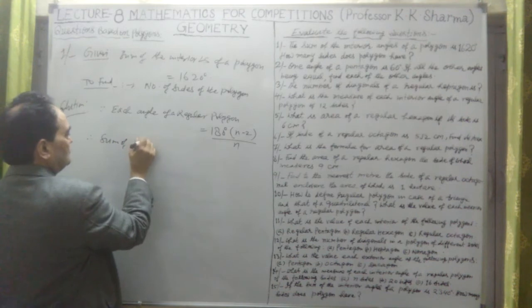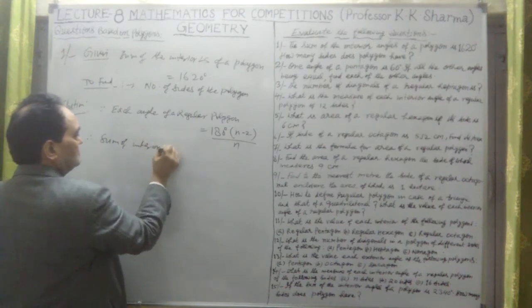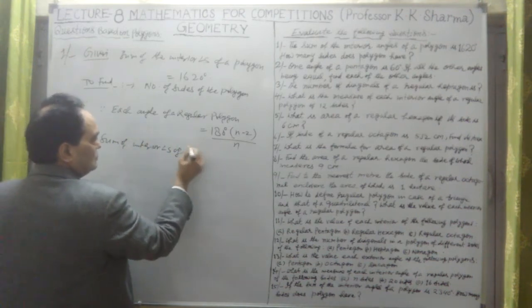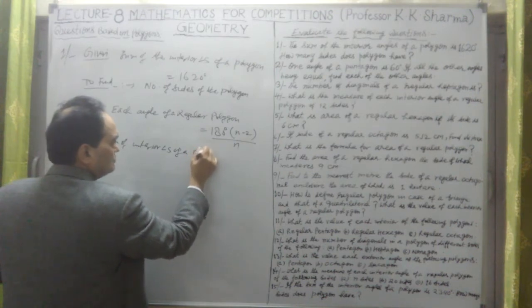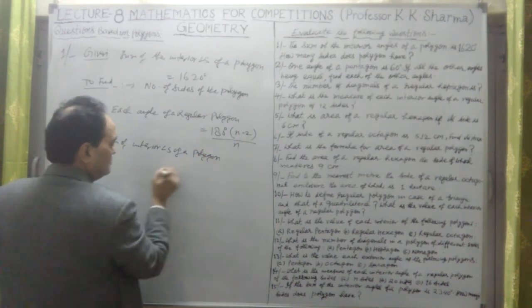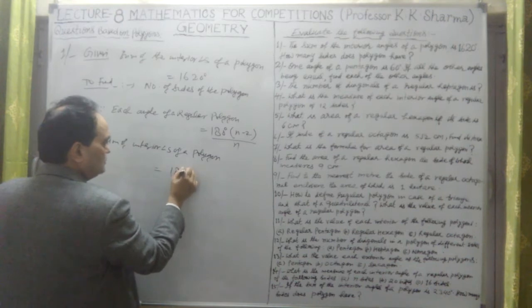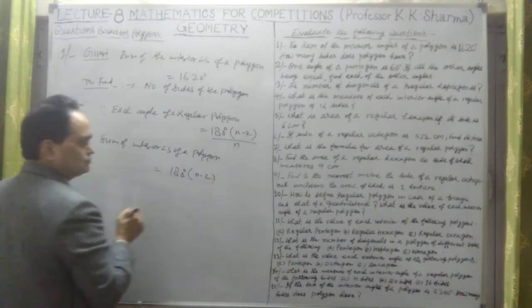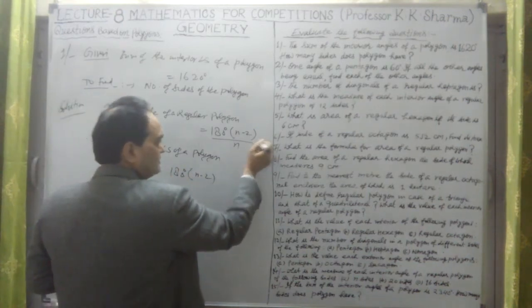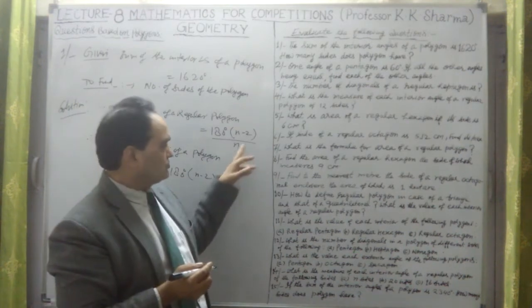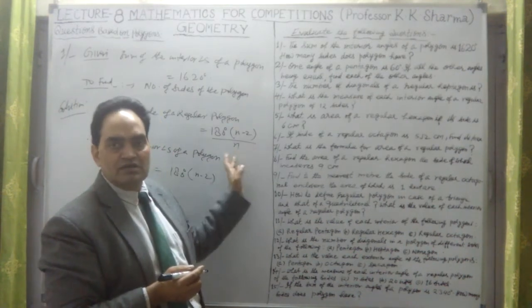Therefore, the sum of interior angles of a polygon is equal to 180 degrees into (n minus 2). Why? Because we multiply by n, the number of sides, so divide by n and multiply by n, and they cancel out.